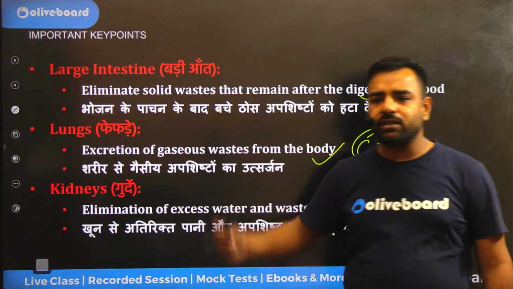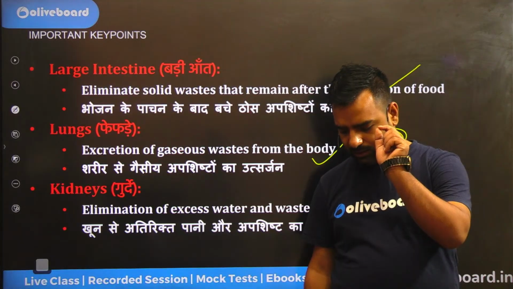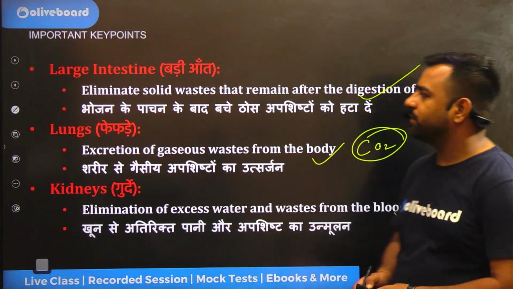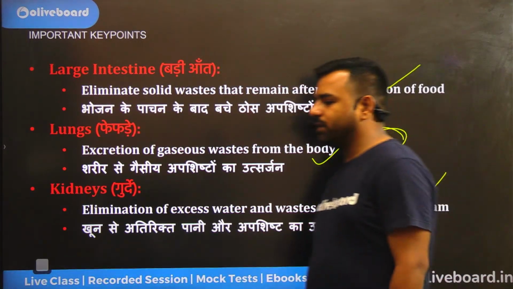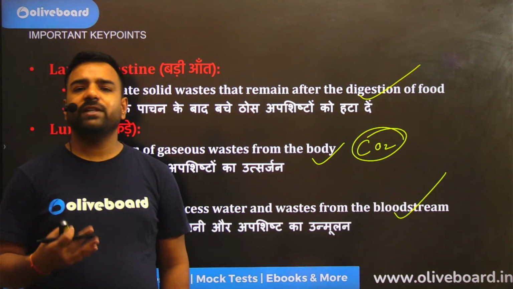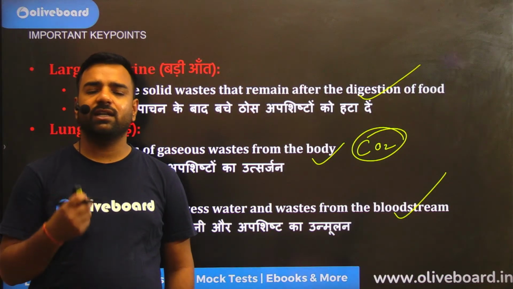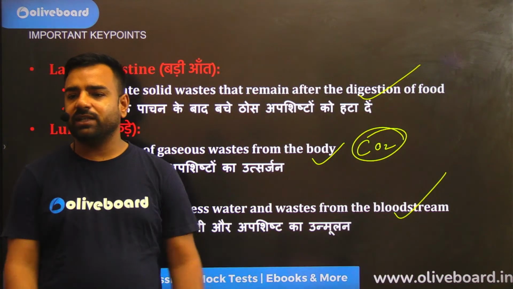And what are those filters? That filter is your nephron. Nephrons are present in millions and help in this waste generation. So basically, because of this excretion process only, we are able to live safe and sound. So that's all from my end.